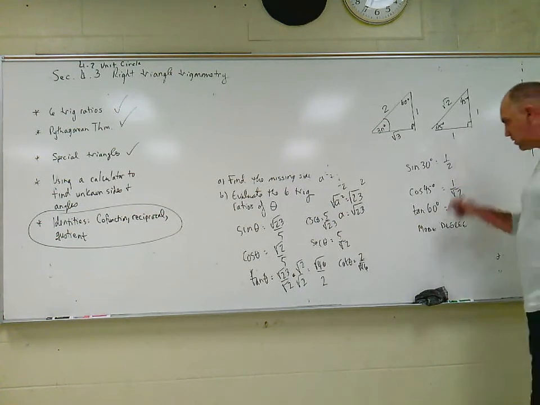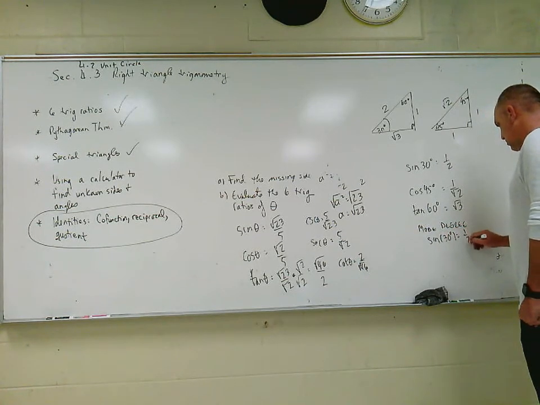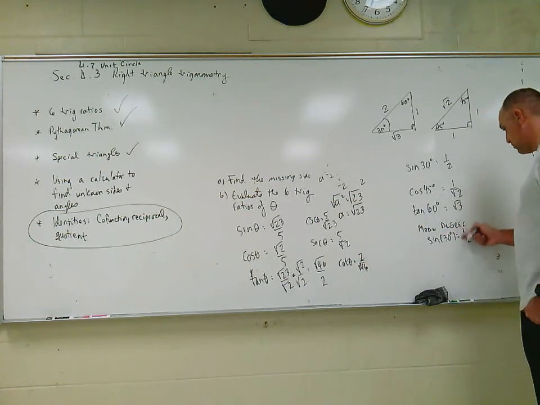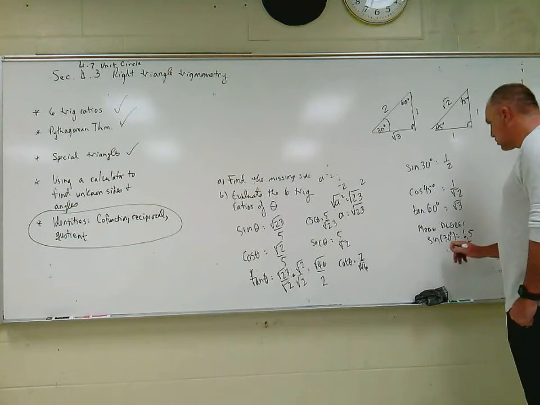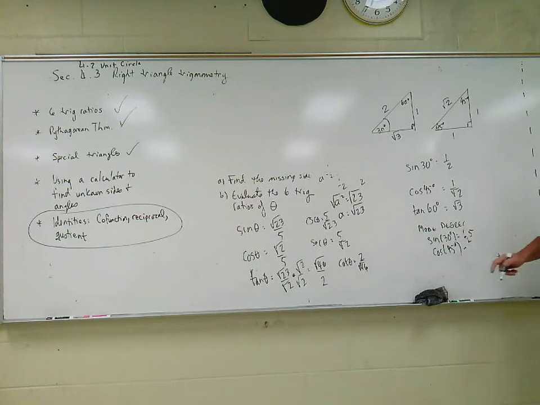Then you just type it in, sine 30, you should get 1/2, okay? You should get 0.5, all right? Cosine of 45, well, it won't give you an exact answer, it will give you the decimal equivalent of 1 over square root of 2, which is about 0.707. So just see real quick if that's what it gives you.